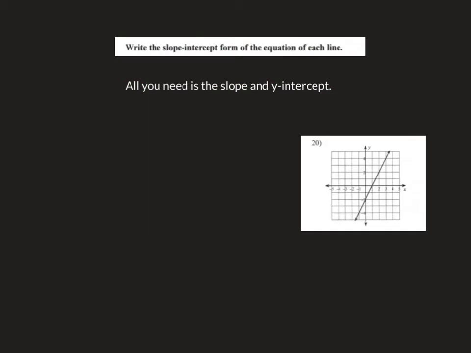Now we're going to move into writing the equation of the line. And all you need to write an equation of a line is the slope and the y-intercept. So I can see that my y-intercept right here is at 0, negative 2. That's my y-intercept. And my slope, I'm just going to count from there to another point on the line. So up 2, right 1. So that's a slope of 2 over 1, or just 2.